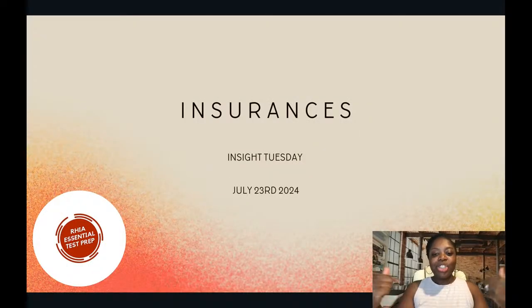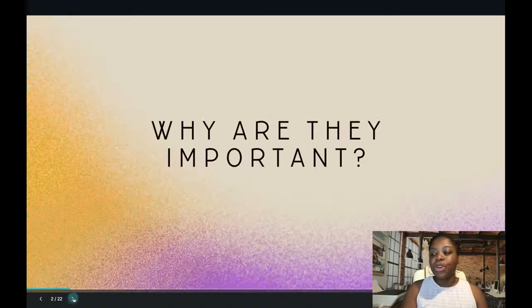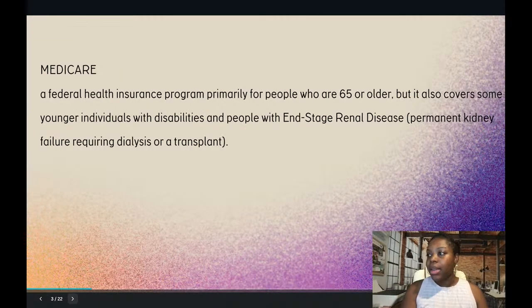So let's jump right into this and talk about the first insurance that you need to understand for the RHIA. And that is Medicare. Medicare is an insurance that is used for patients that are 65 years or older. If you're not in that age group, you're not going to qualify.